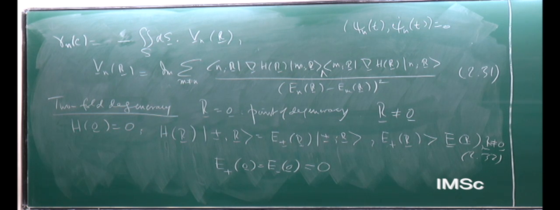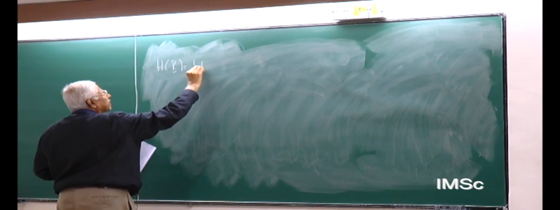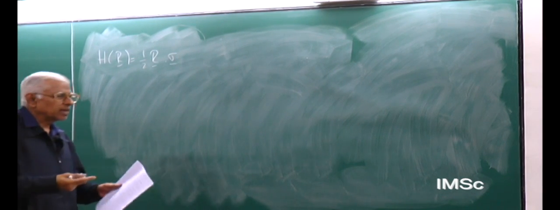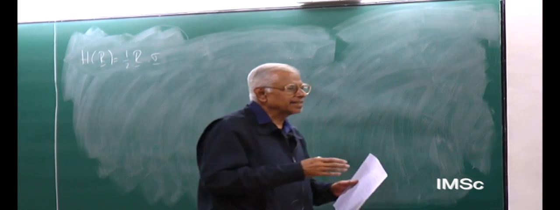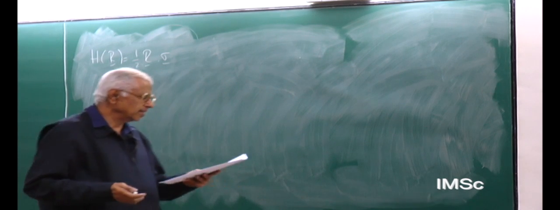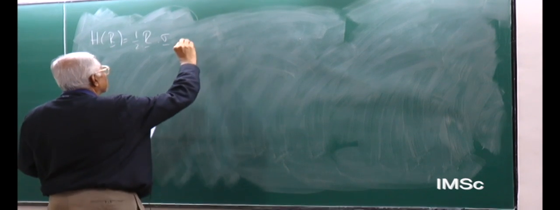So here is what you can assume without any loss of generality. You may define the three independent parameters to be such that the Hamiltonian has this form in terms of the Pauli matrices. I leave it to you to convince yourself this can be achieved.